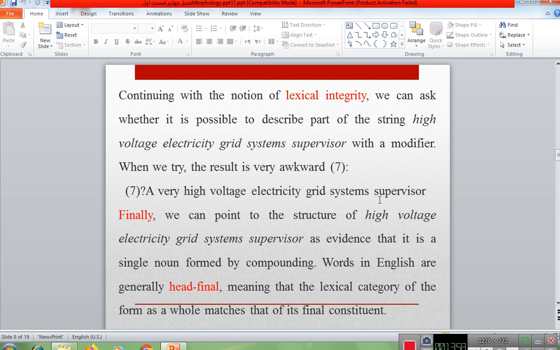Finally, the other reason we can point to the structure of high voltage electricity grid system supervisor as evidence that it is a single noun formed by compounding. Words in English are generally head final, meaning that the lexical category of the form as a whole matches that of its final constituent.